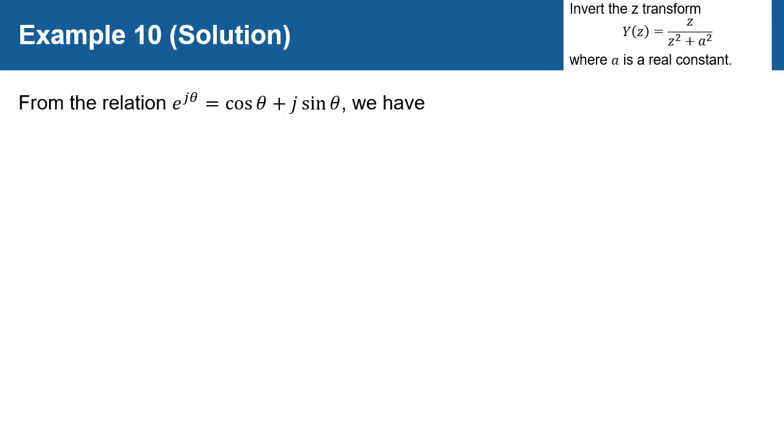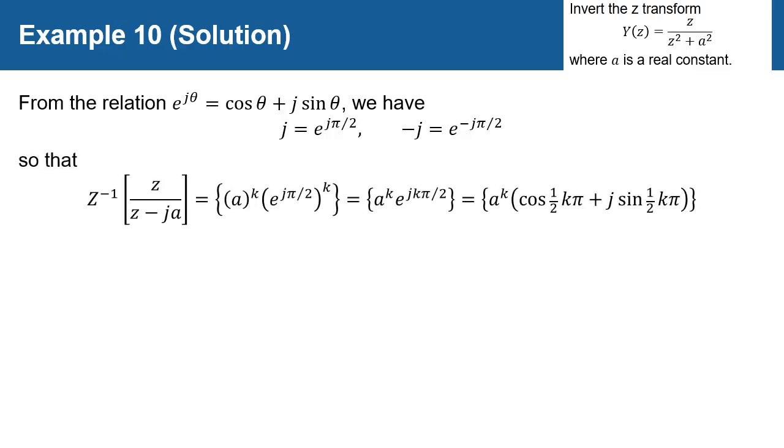From the relation e^(jθ) is cos θ + j sin θ, we have j equal to e^(jπ/2), and negative j is equal to e^(-jπ/2). So the inverse z transform of z over (z - ja) is now equal to a^k times (e^(jπ/2))^k.